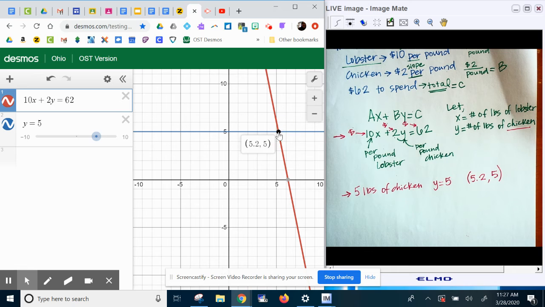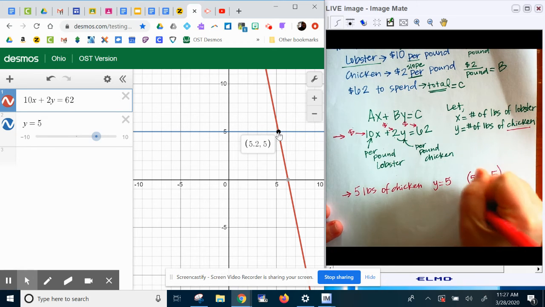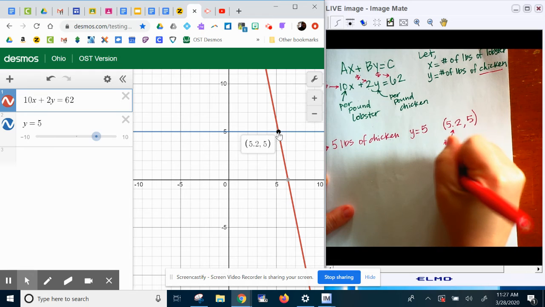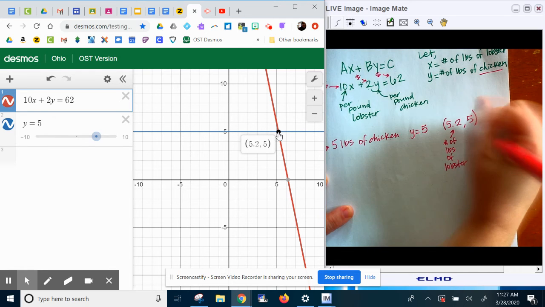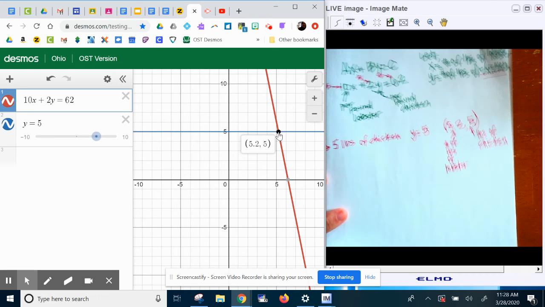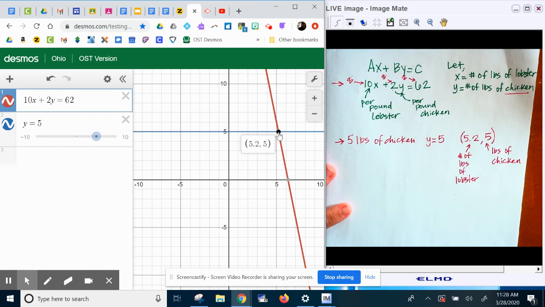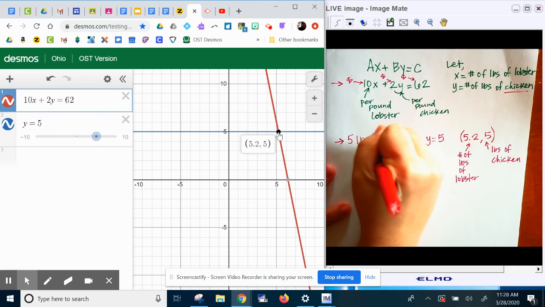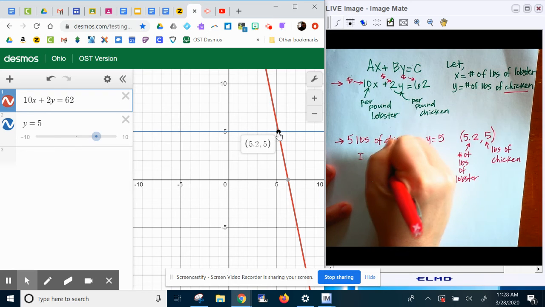So x is the number of pounds of lobster, and y is my pounds of chicken. My answer to how many pounds of lobster can I buy is 5.2 pounds of lobster.